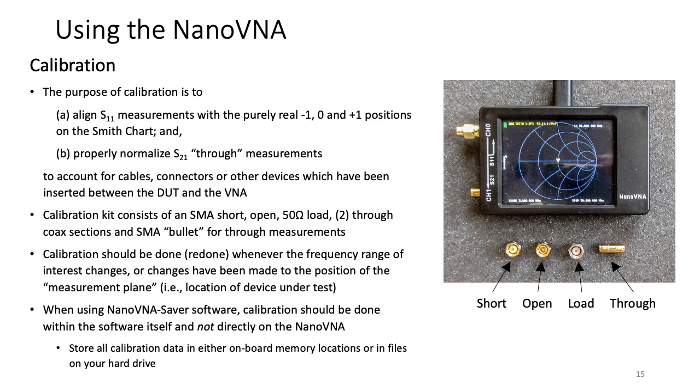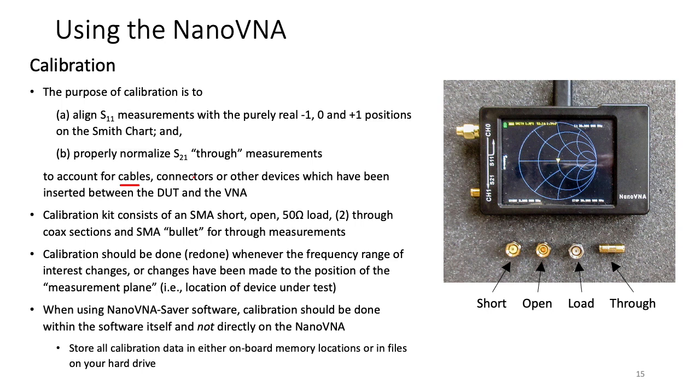We also want to, in the case of a two-port measurement, properly normalize the S21 measurement in order to provide the correct relationship between the output voltage and the input voltage as passed through the NanoVNA. This is done to account for such things as cables, connectors, and other devices which might be inserted between the device under test and the VNA, such as a filter.